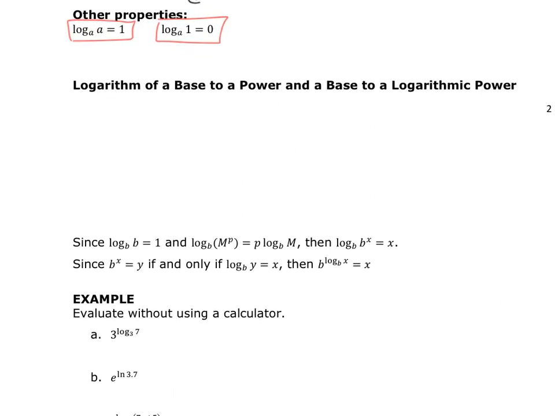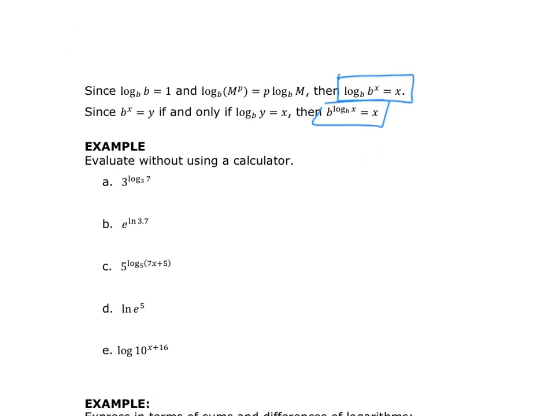So we also have these, which we talked about in the beginning. Log base b of b to the x is x. b raised to the log base b of x is equal to x. If I'm asked to evaluate these without using a calculator, then I'm looking for that. Here's my base 3 raised to the log base 3.